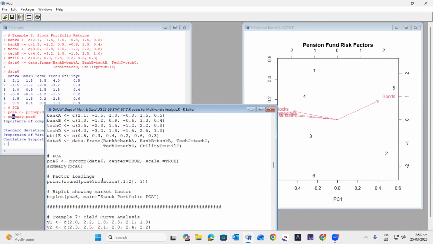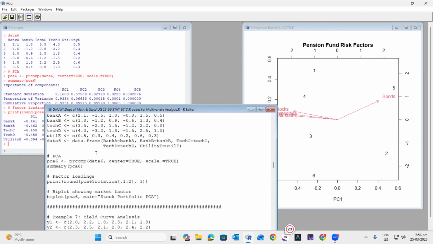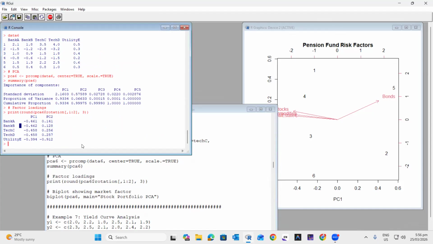Now we are going to check the loadings of the first two principal components, because the first two components share 99.97% of the variance. So we don't need to consider the remaining three.